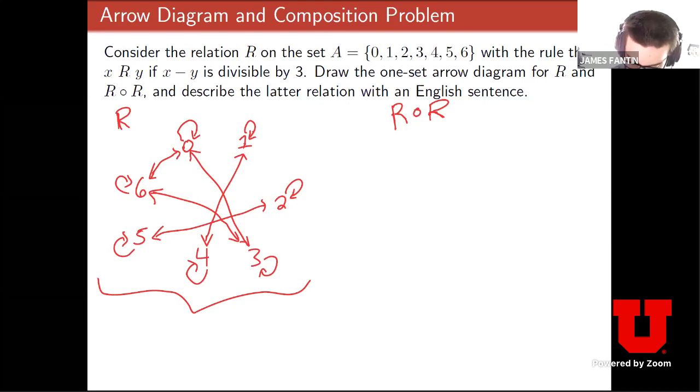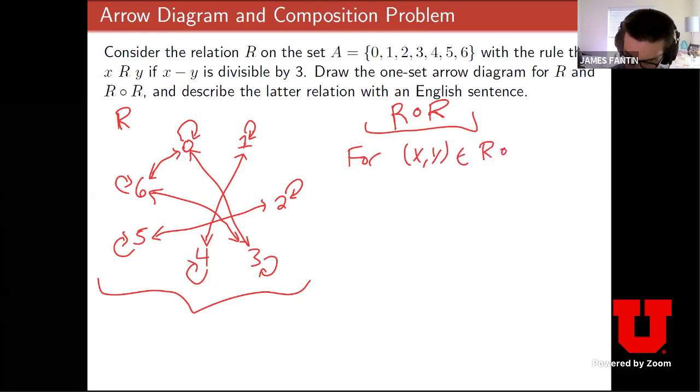Okay, so no thoughts. So maybe you don't see it quite right away. Let's go ahead and describe what R composed R really is. What does it mean for two elements x, y to be an element of R composed R? Well, it means that there exists a Z that's an element of A such that X minus Z is divisible by 3.